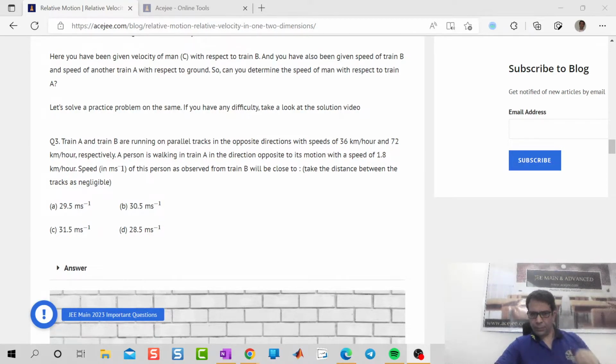So 29.5 meters per second. How much is 36 kilometers per hour in meters per second?